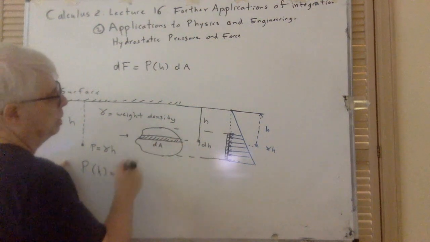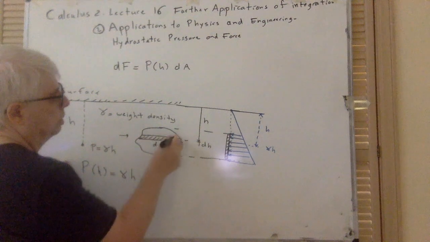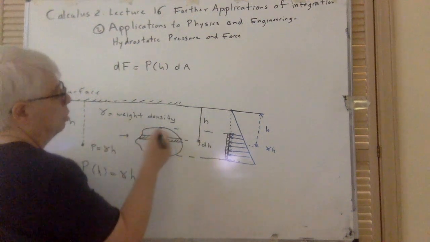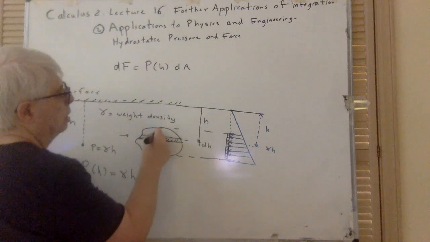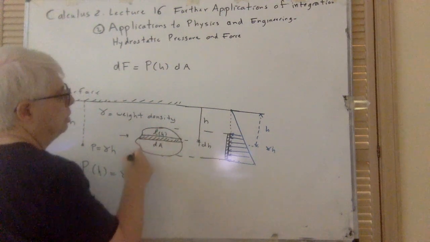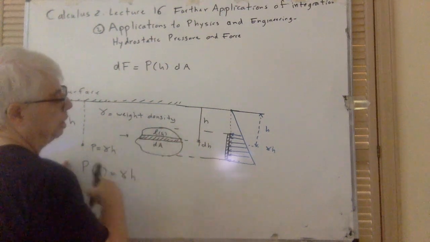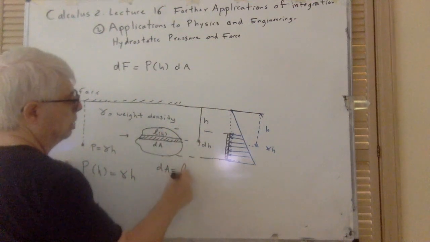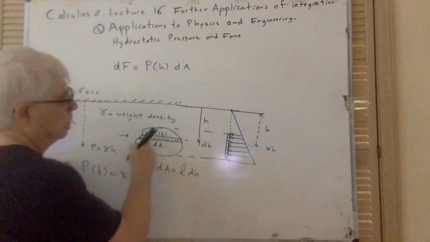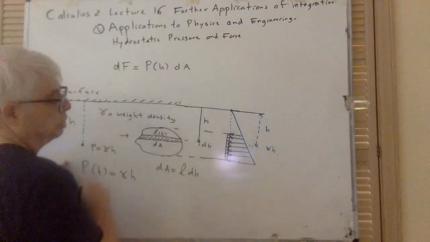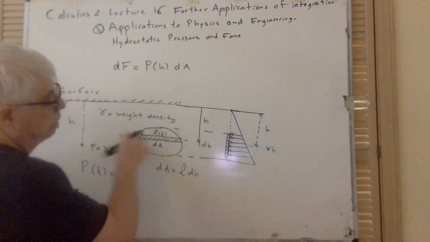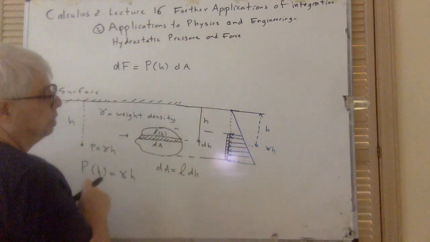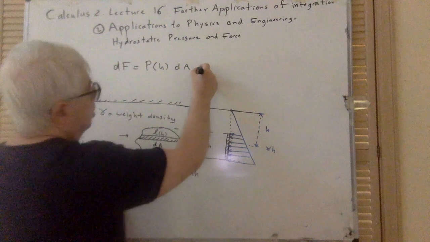But what is dA? dA is this length, which is L as a function of h times dh. So my dA is simply L dh, and L itself depends on h. So if I can find this L as a function of h, then I have this.